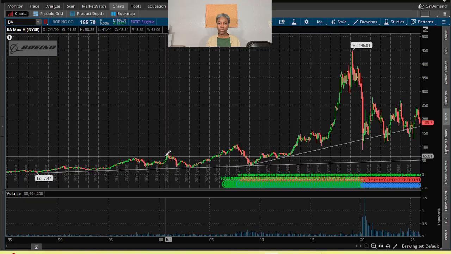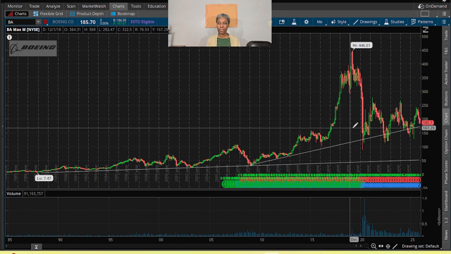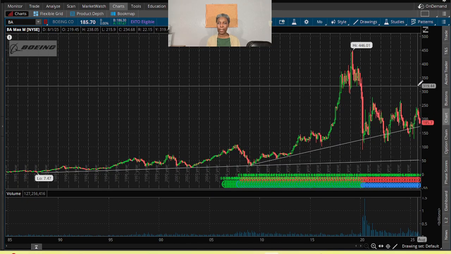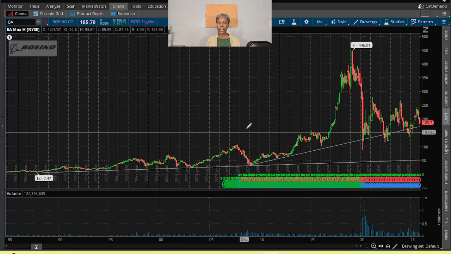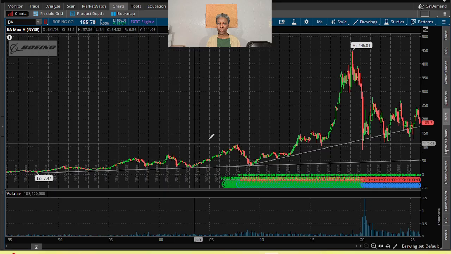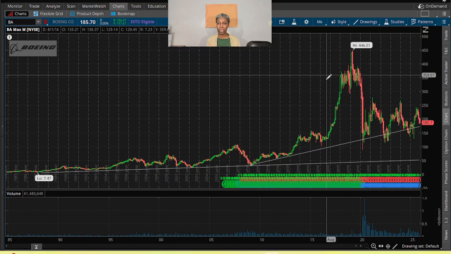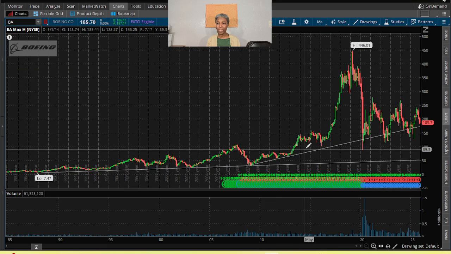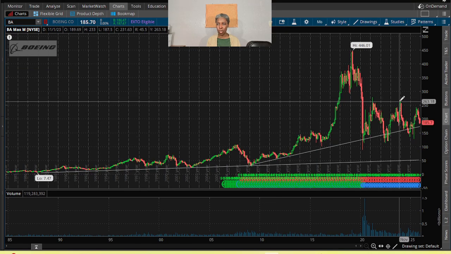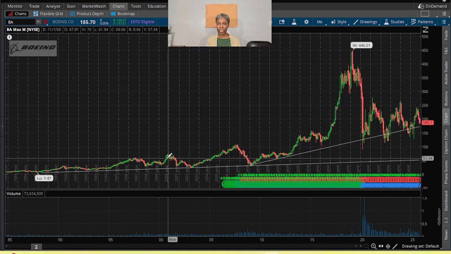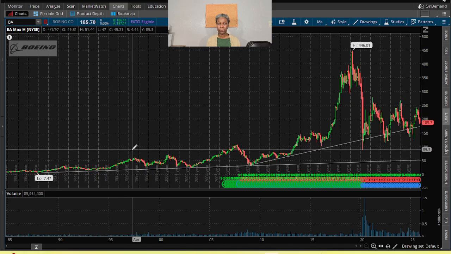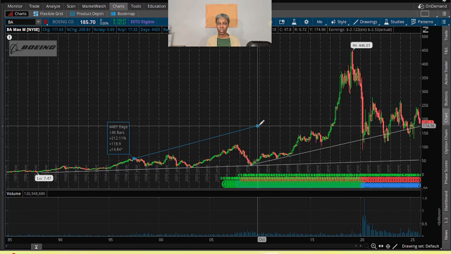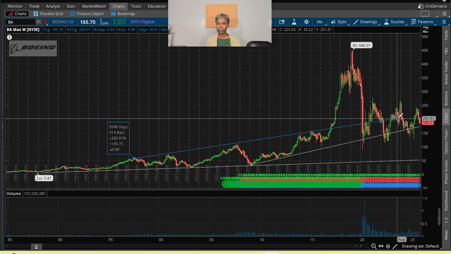I don't usually trace an oblique resistance line, but since we cannot really count on a higher high to sell, I like to see if there is a pattern in those peaks.